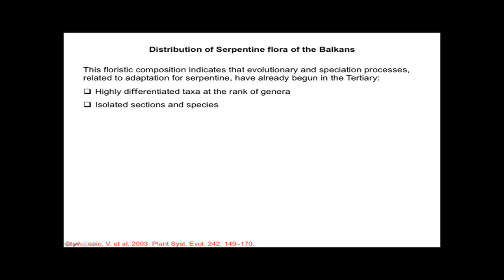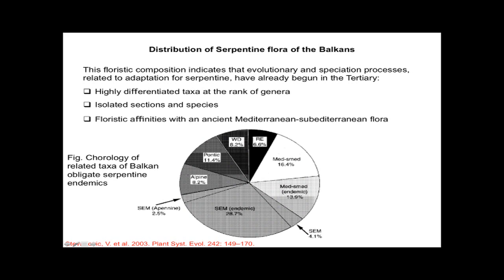It also has some species that are isolated within sections in the genera, and some isolated sections within the genera. And the endemic flora of serpentine areas in the Balkans has floristic affinities with an ancient Mediterranean, sub-Mediterranean flora.